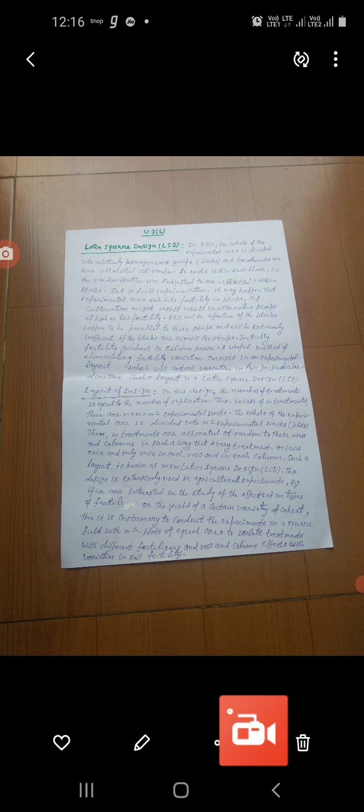This design is extensively used in agricultural experiments.